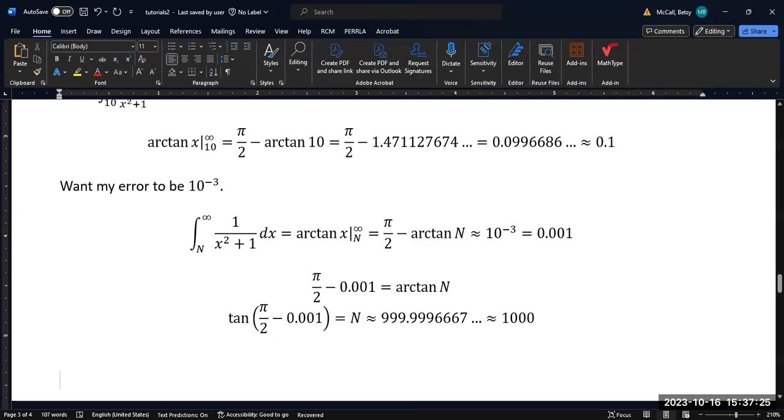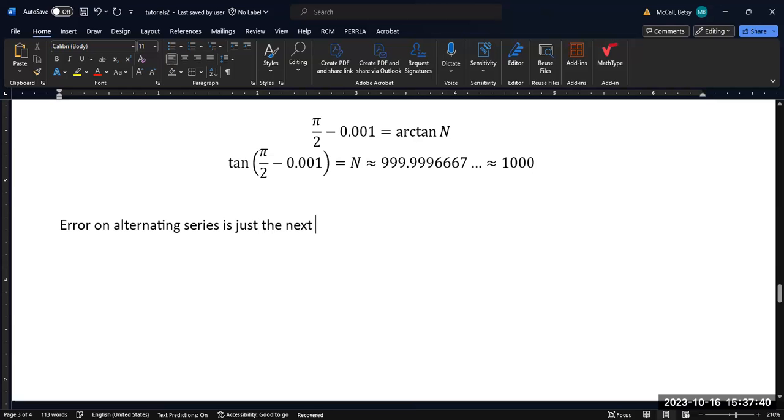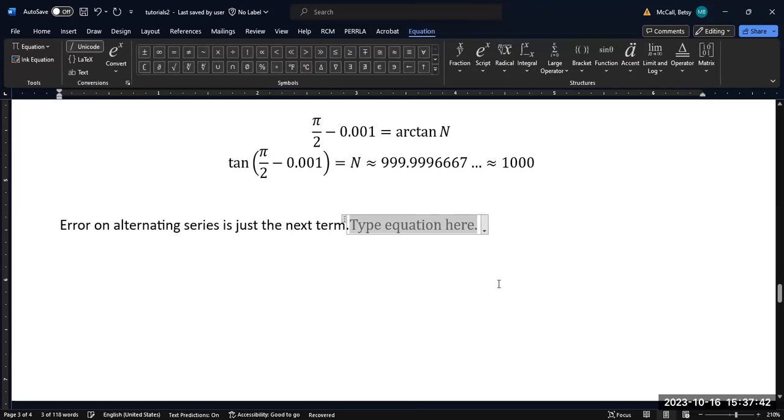Now, the alternating series test is actually even simpler because you don't need any integration or anything. The error on the alternating series is just the next term. So the remainder after n is going to be less than or equal to the absolute value of a sub n plus 1.